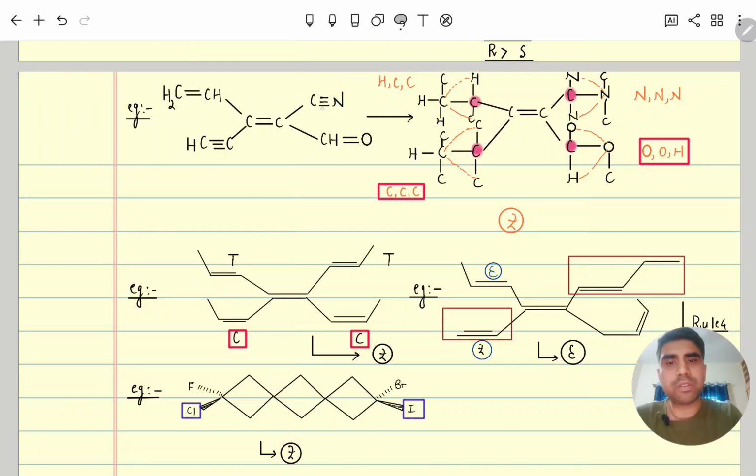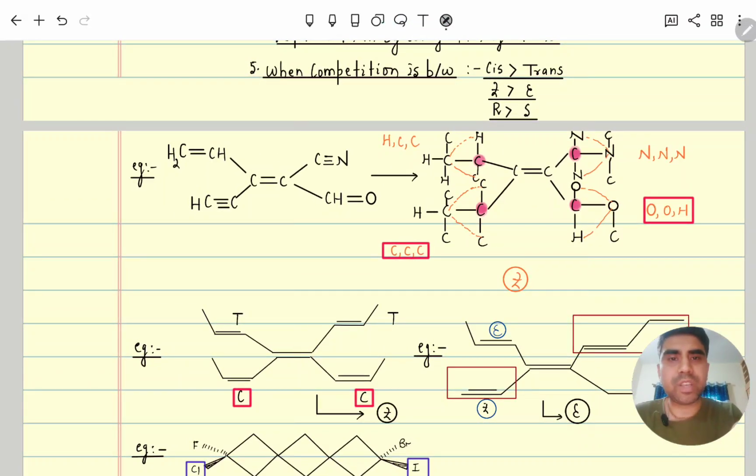Similarly here carbon is connected three times to nitrogen, so one already connected, two more. Similarly nitrogen connected three times to carbon, so one already connected, two more carbon here. Similarly here carbon oxygen, so one oxygen here, one carbon. Now once dummy is done, we will see priority. What is the priority? If the first atom is the same, then you compare the three-element set, and whichever has the highest atomic number, that set is considered priority.